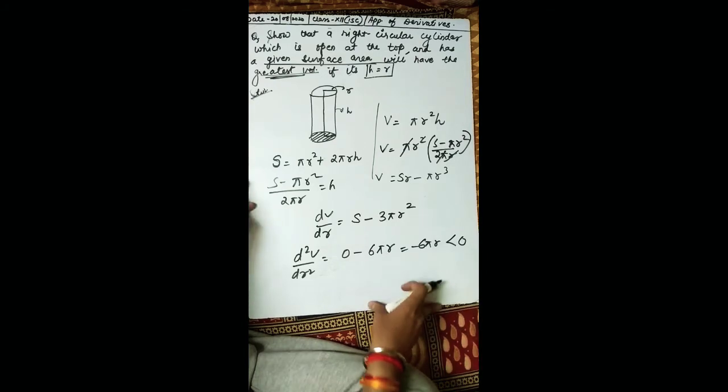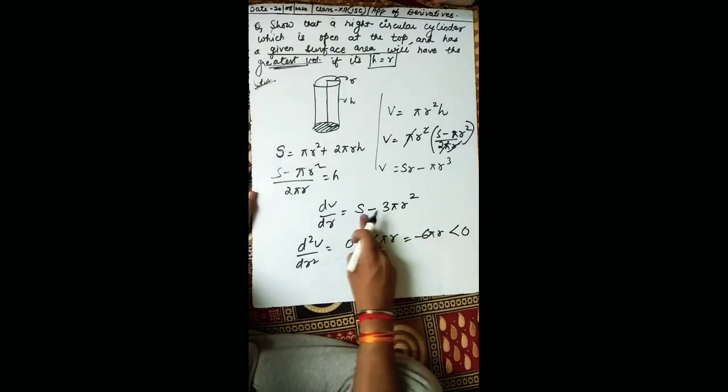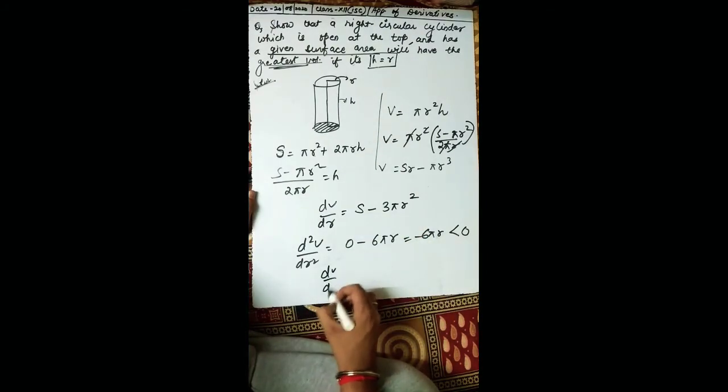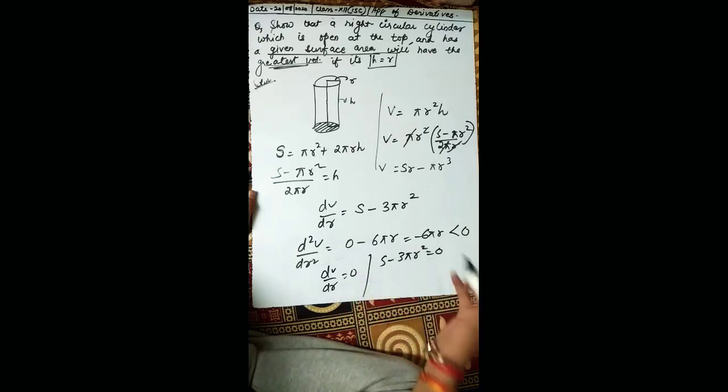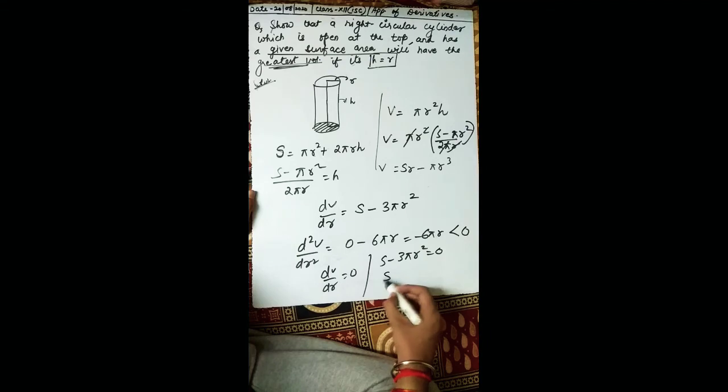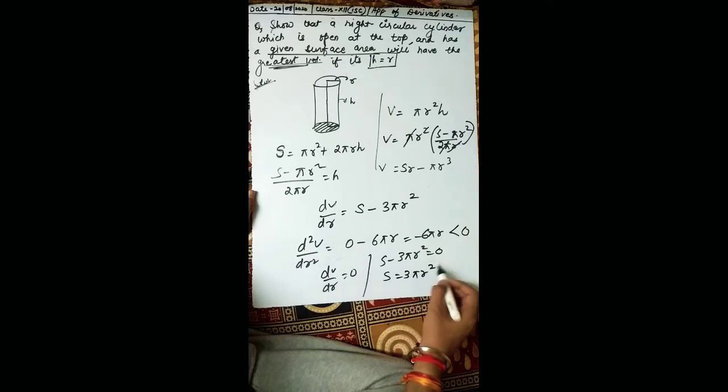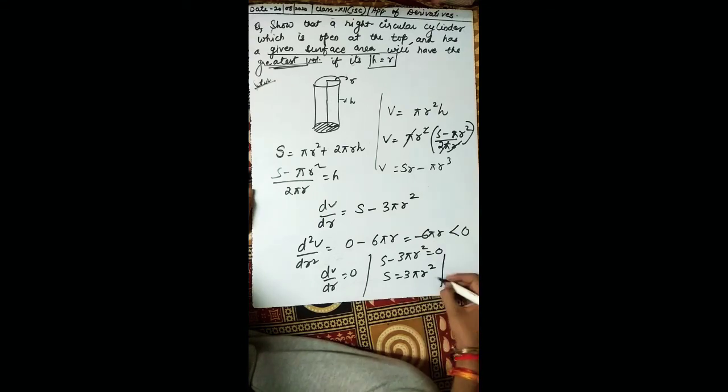So now how to get the value of r from here? Put dv dr equal to 0, that is s minus 3 pi r square equal to 0. This will go that side, so s is equal to 3 pi r square.